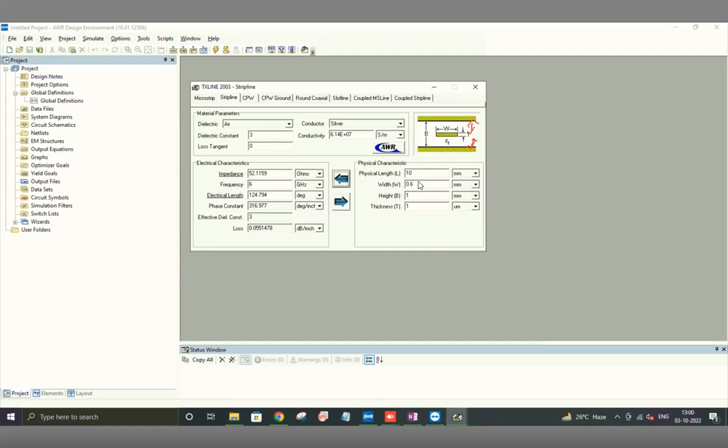So if I now make this 6, what will happen to the characteristic impedance? Will it go up or go down? Capacitance will increase. Yeah. So it's 36 ohms.